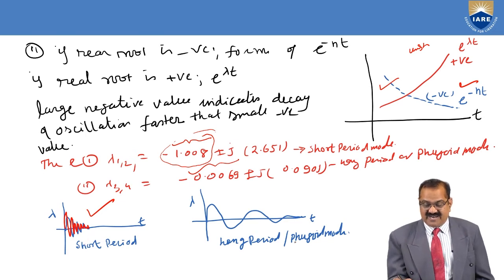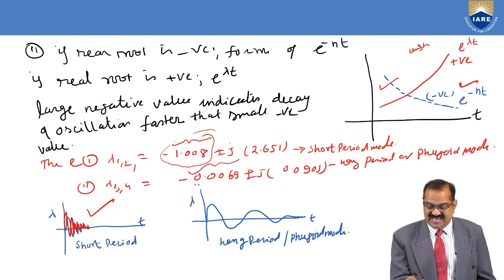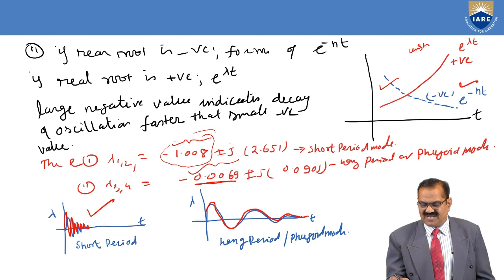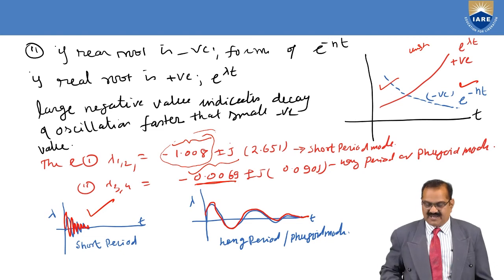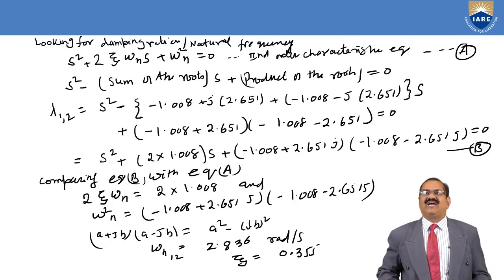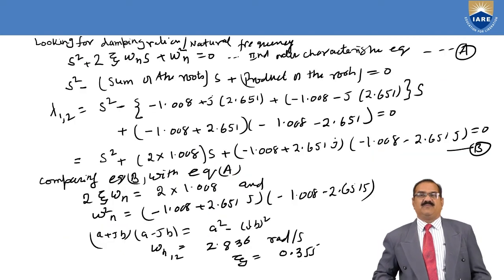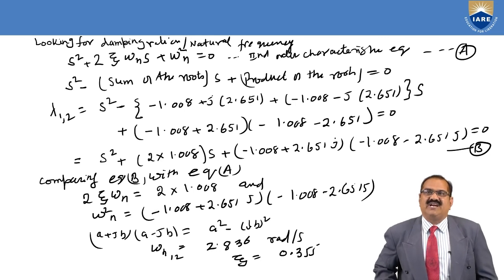But in the long period mode, you can see the value of this quantity is very small, so it slowly comes down like this. It takes a lot of time, so it is called the long period or phugoid mode. In this way we can find out whether it is a short period or the long period mode.